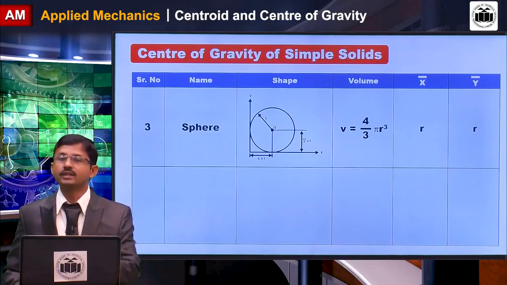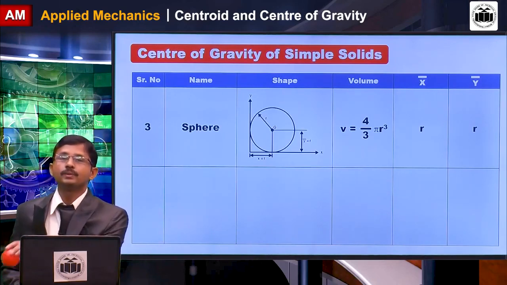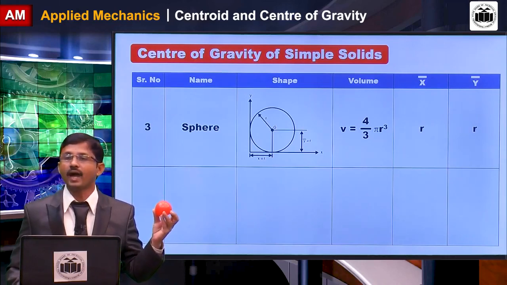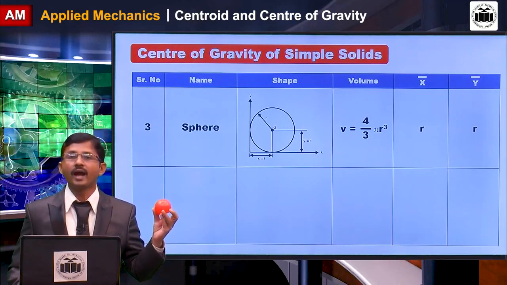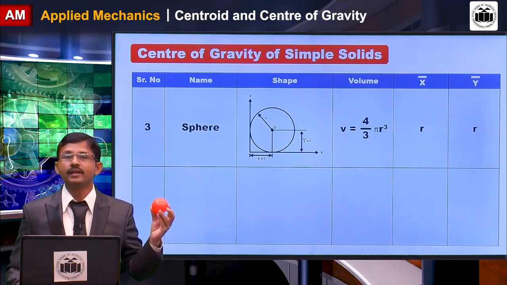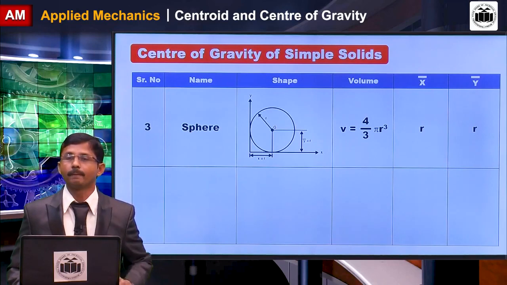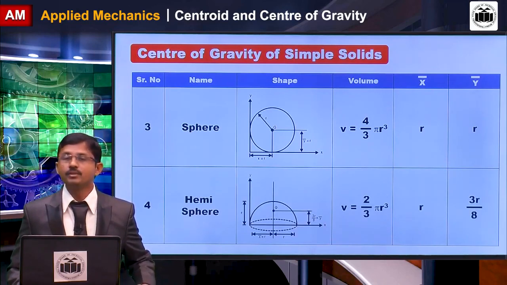So the next is the sphere. So sphere is a solid sphere. Sphere is having volume 4 by 3 pi r cube, and as this is symmetrical about all the axes, the x bar and y bar of this sphere is r, the radius of that particular sphere. Then hemisphere.